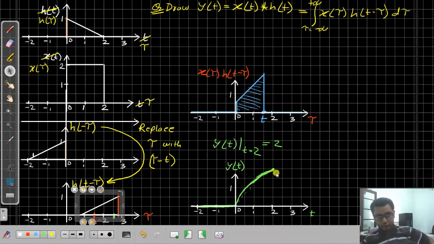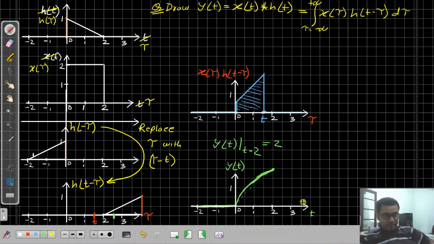Therefore the value of y(t) will decrease, and then when you move it quite far, at this point t equal to 4, there is no more overlap, and therefore the output will be 0 at t equal to 4.